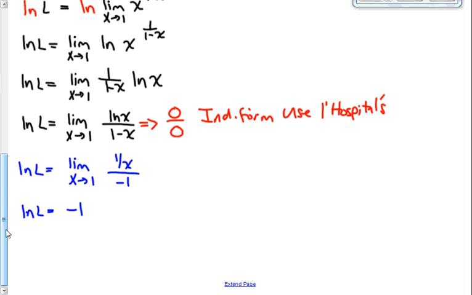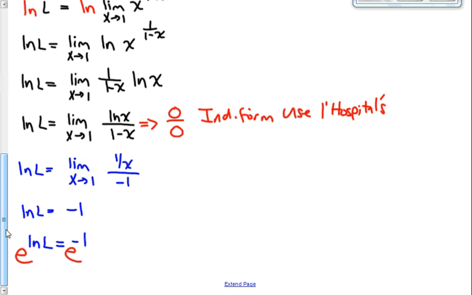Well, how do I get what L actually is? What we're going to do is undo the fact that we took the natural log of both sides by raising e to each side of my equation.